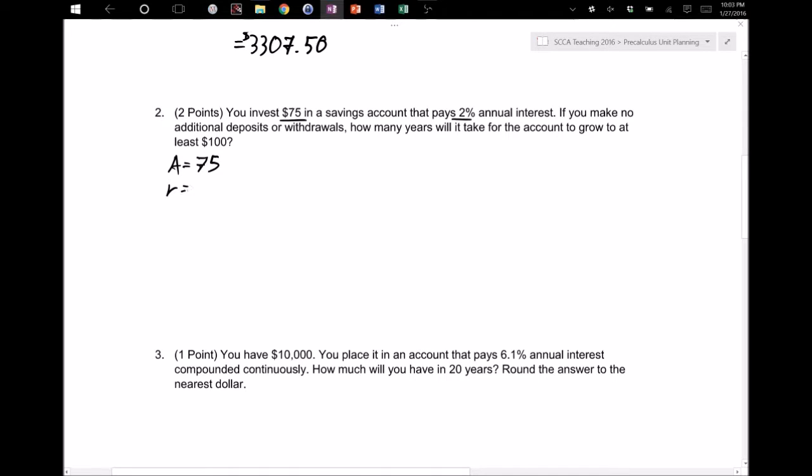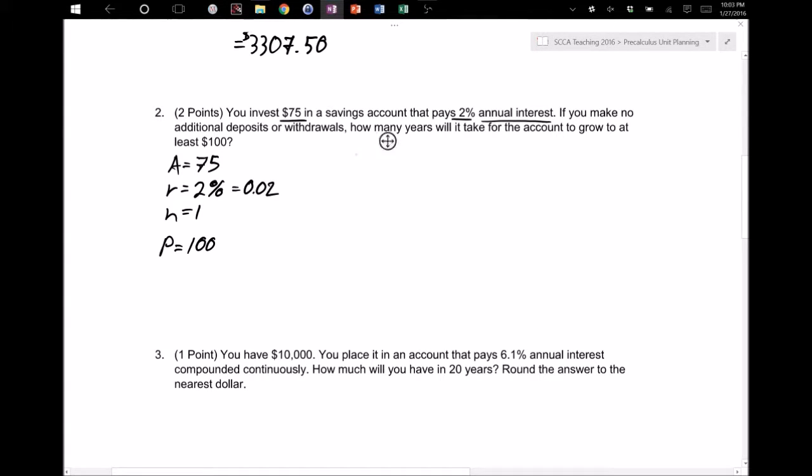My rate is 2%, which is the same as 0.02. My N, annual interest, so my N is 1. No additional deposits or withdrawals, makes it easier. And I know my ending balance. It ends up being 100.